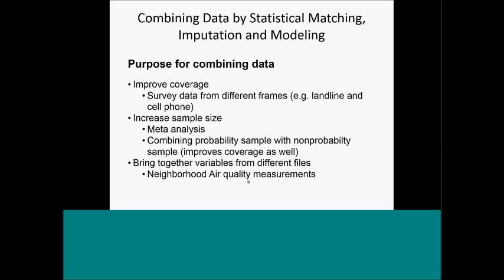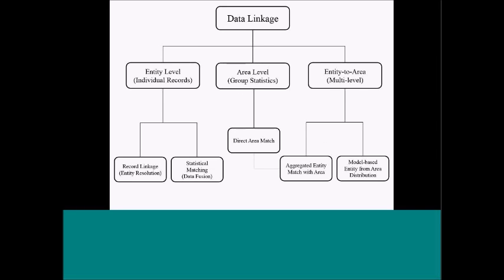But let me move on to talk about, in general, as we're trying to explain combining data, in particular the data linkage problem, which I'm thinking of as increasing the width of my file. You could think about it in a number of ways, and mostly today we've been talking about entity level linkages.